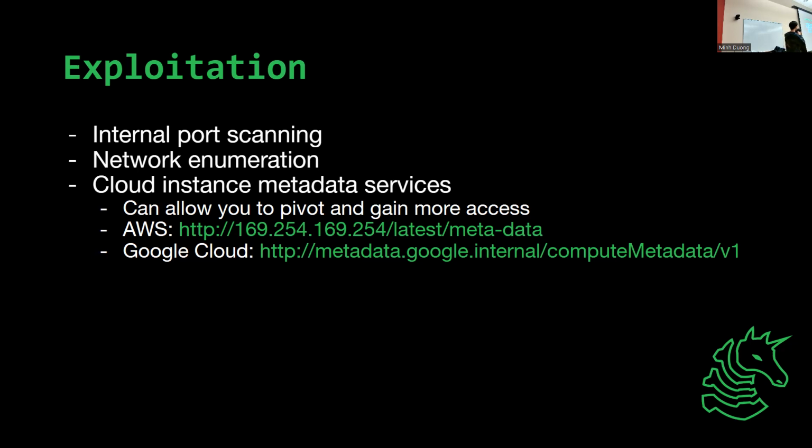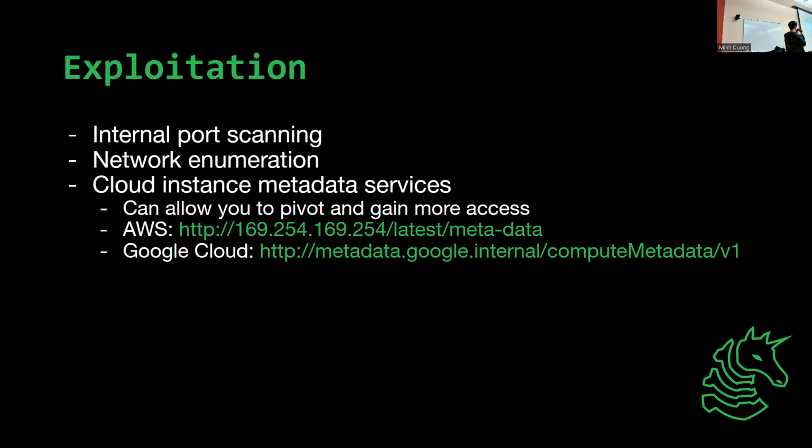And then here are the two links. Those are the actual URLs for the instance metadata services. The 169.254 IP is an IP that's not in the public space. So if you visit that on your laptop, you wouldn't be able to look at that, and it would only work through the actual AWS instance.